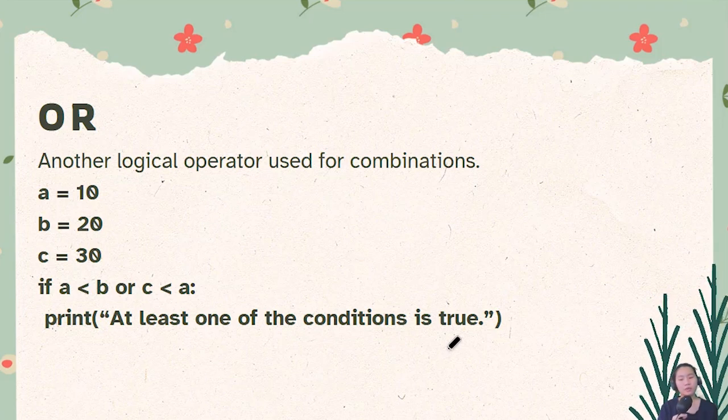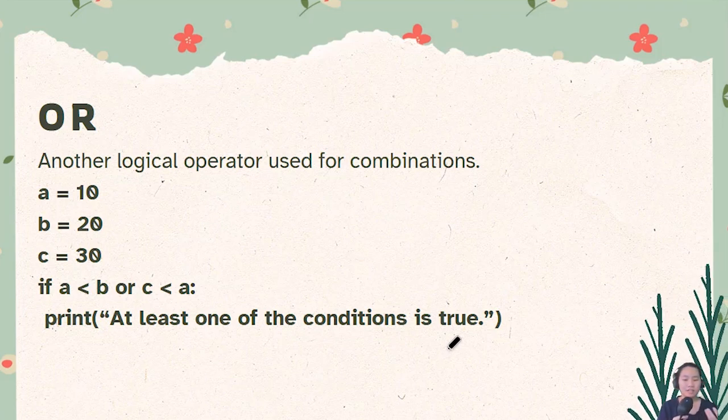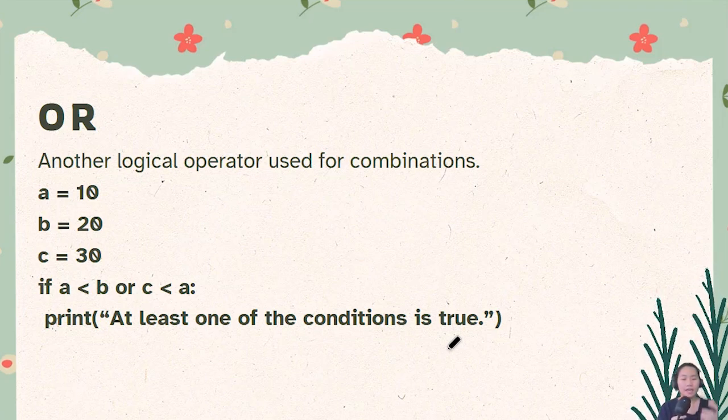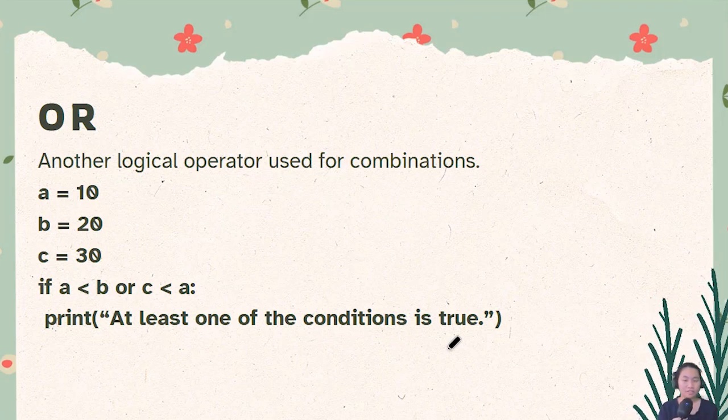Now, A is less than B, we know that for sure. A is 10, B is 20. But C is not less than A because C is 30 and A is 10. So C less than A, one of the conditions is false. But since or only needs one, which is satisfied by A less than B, we print out at least one of the conditions is true.